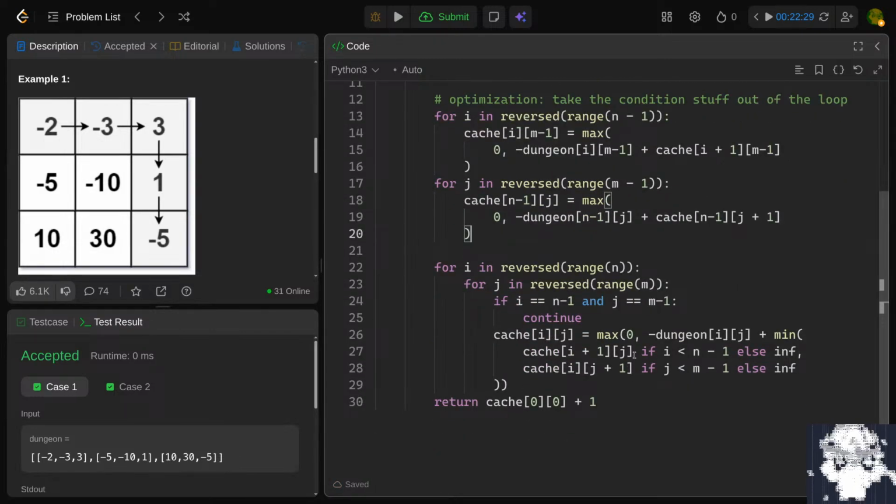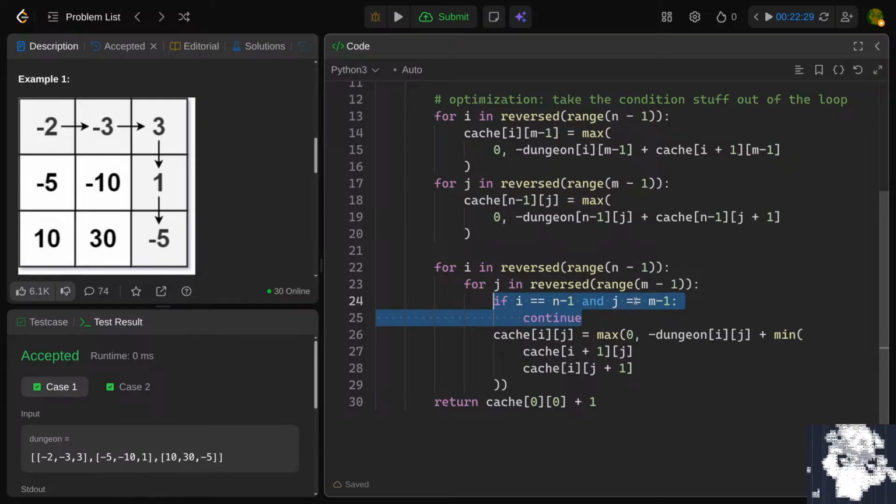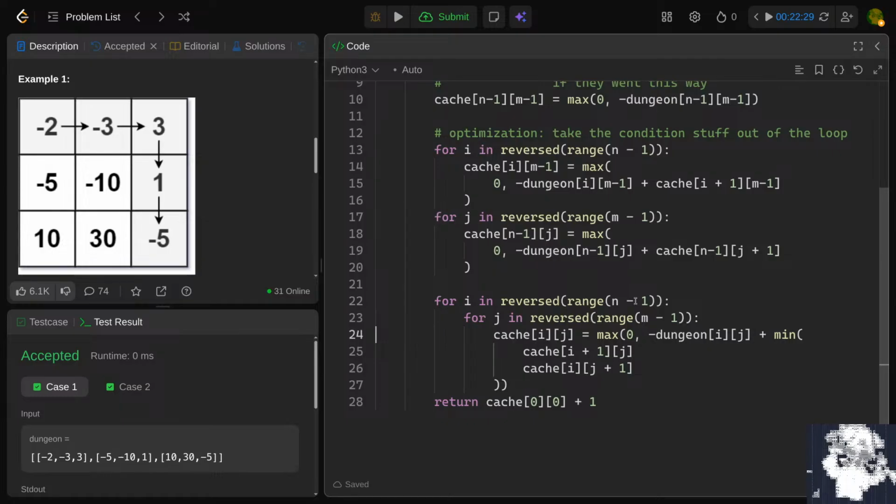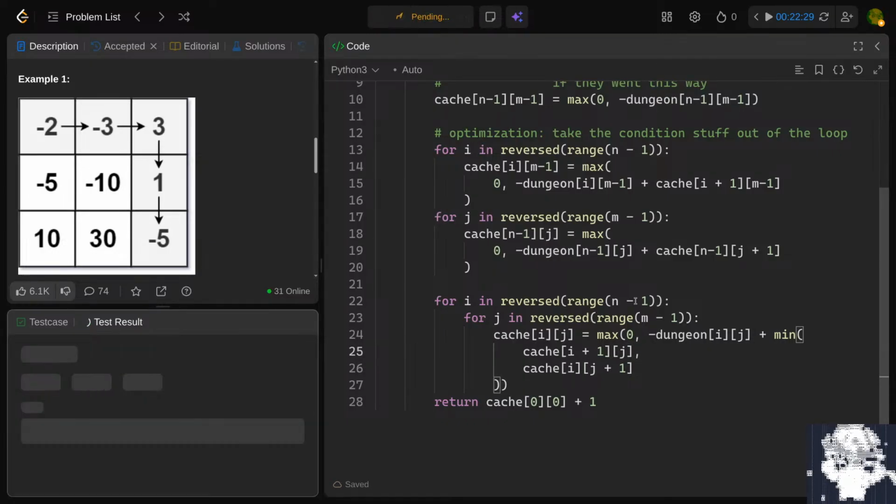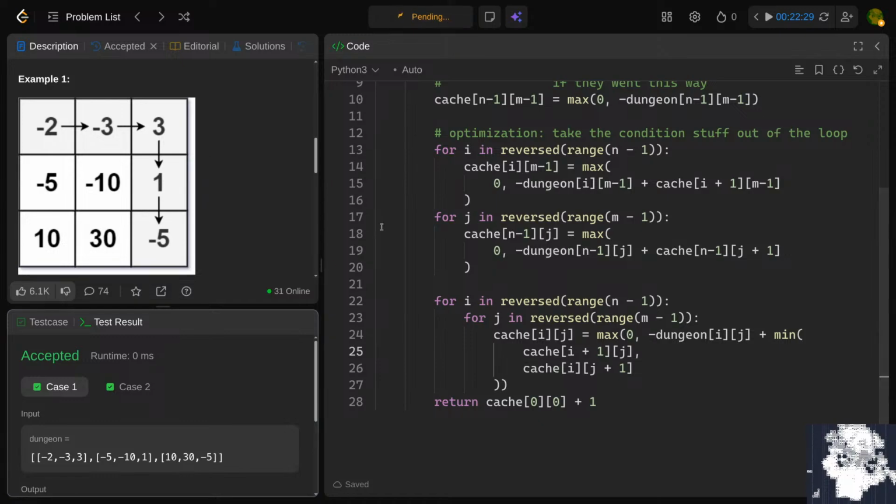So that means we don't need these conditionals, as long as we don't go all the way up to the last row and column, because we've already figured those ones out. And we don't need this either, because we're already not doing the last row and column. Submit.